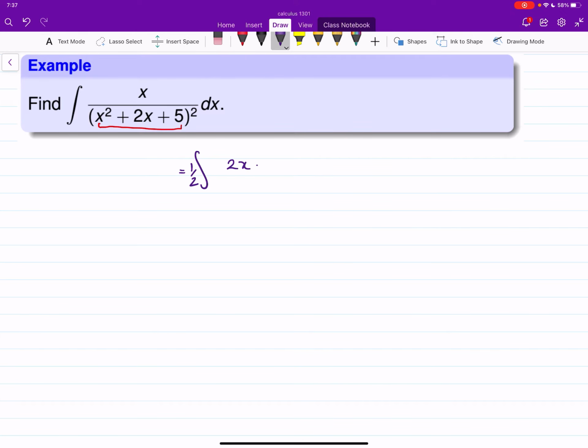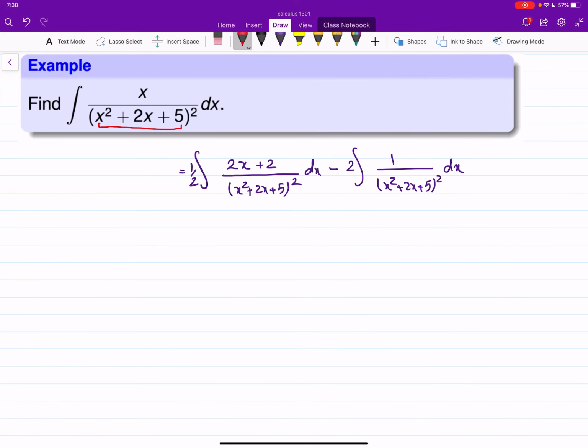Then I do plus 2, and then I do another minus 2. So that's where I separate this minus 2. In the denominator, everything stays as is. Okay, dx here, and you will get 1 over (x² + 2x + 5)² dx.